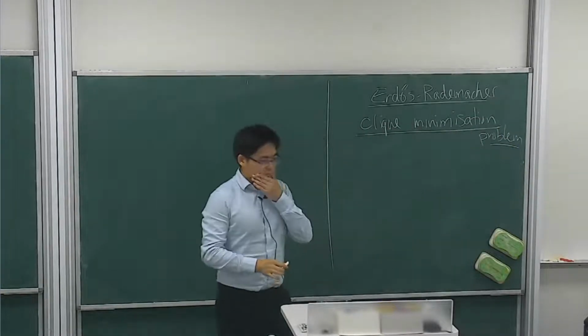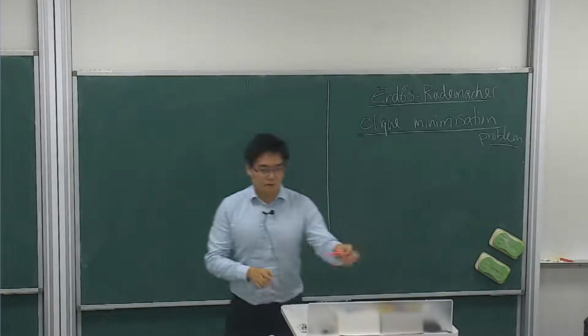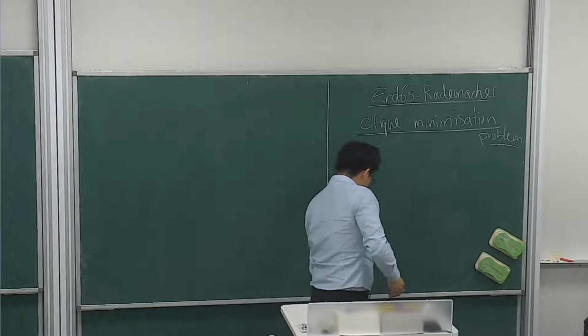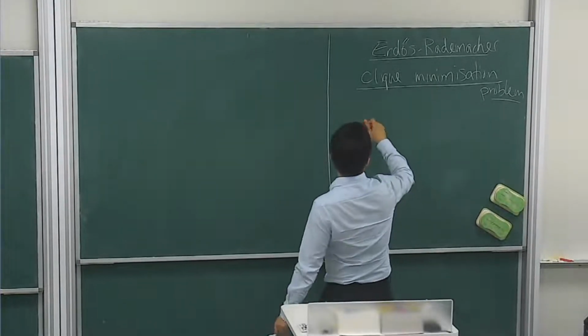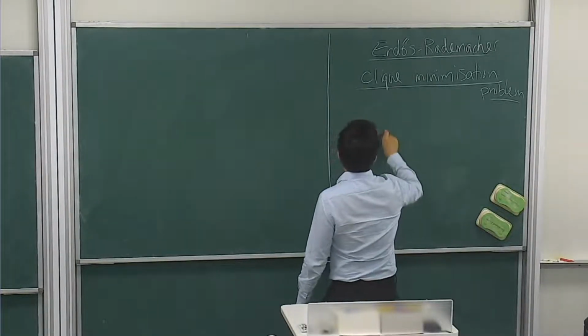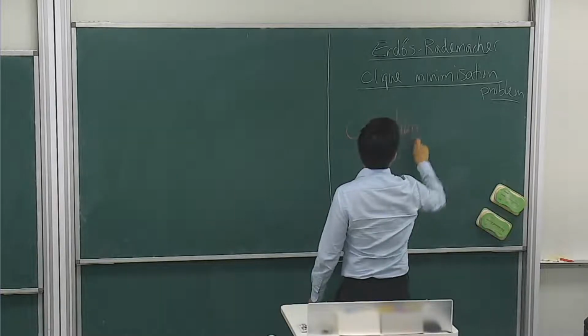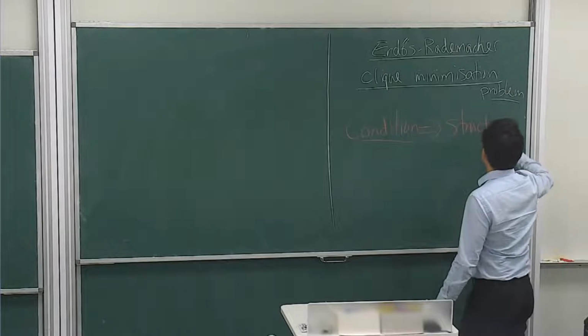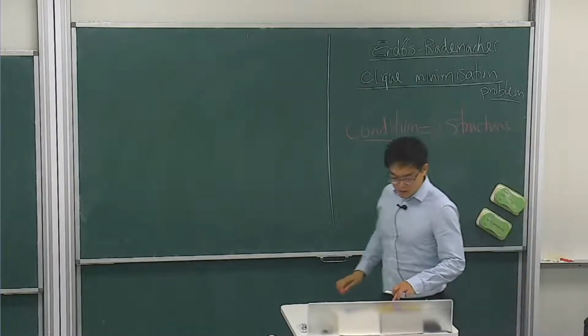It's a very classical problem. You fall into this shape of questions. Basically, we ask for what kind of conditions will guarantee some substructure. Right? This is the thing we're looking at.